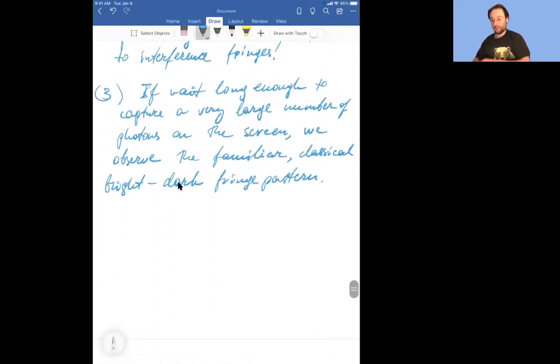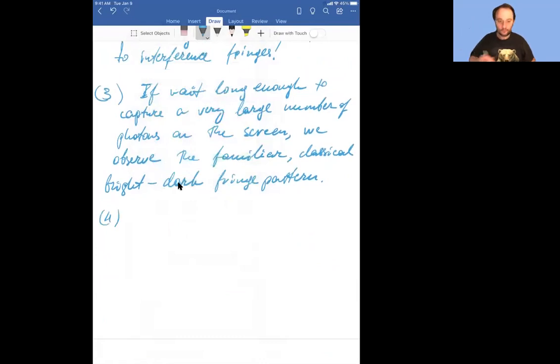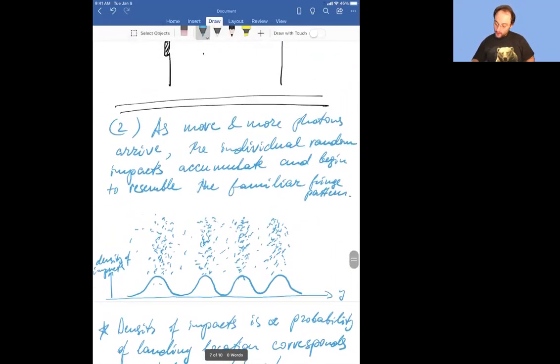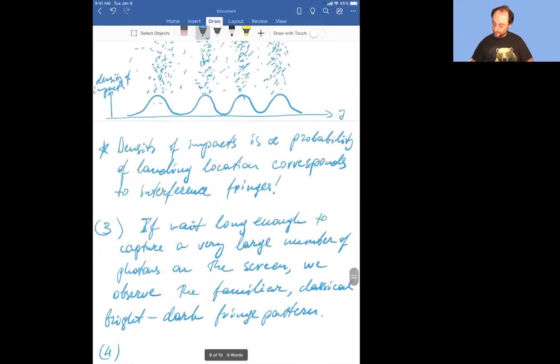And one more point, number 4. If one of the slits is blocked, the photons also build up a pattern. We made a prediction of what would happen, and again, that's not the pattern that happens.